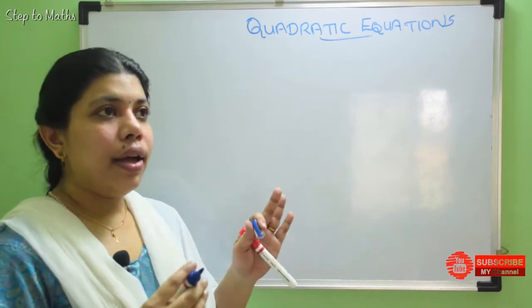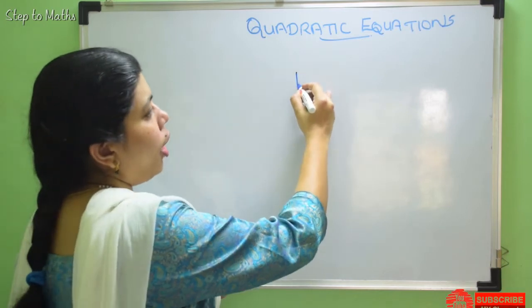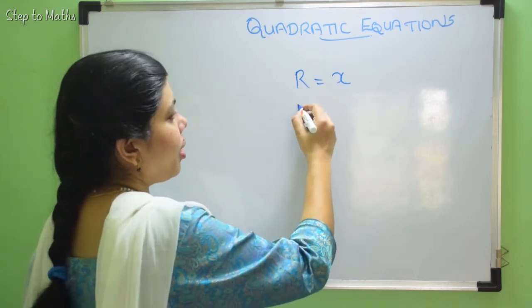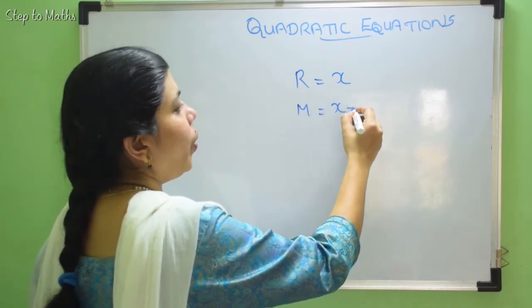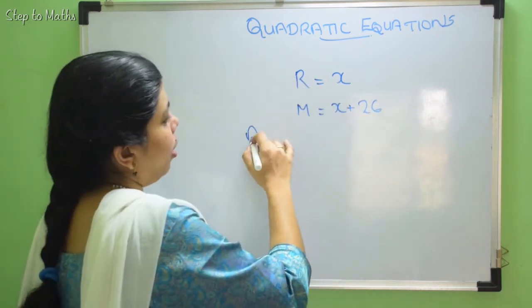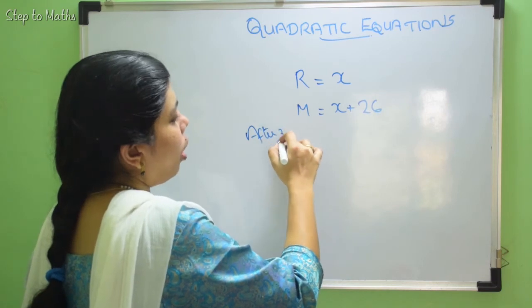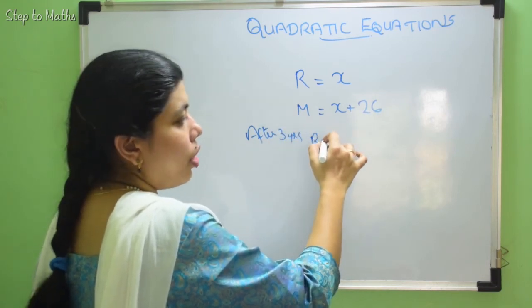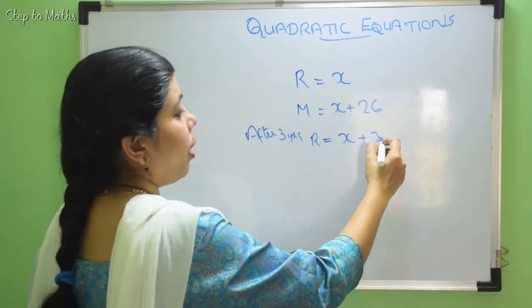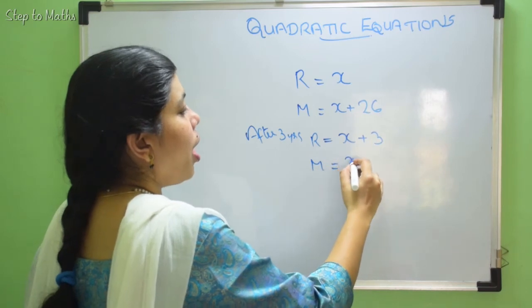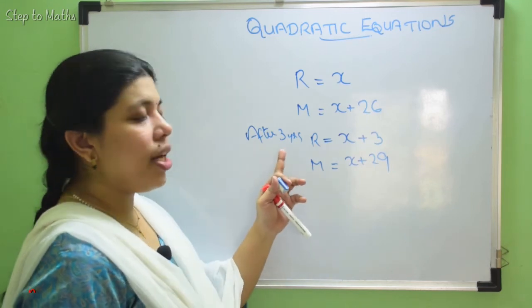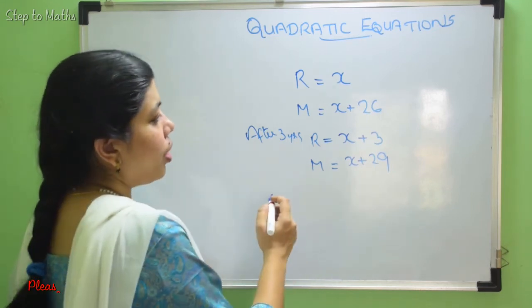First, assume Rohan's present age is x, then the mother's age is x plus 26, since she is 26 years older. After 3 years, Rohan's age is x plus 3, and the mother's age is x plus 29. After 3 years, the product of their ages is 360.